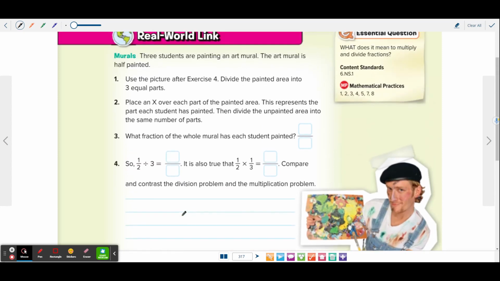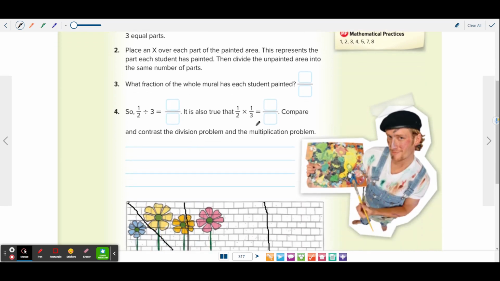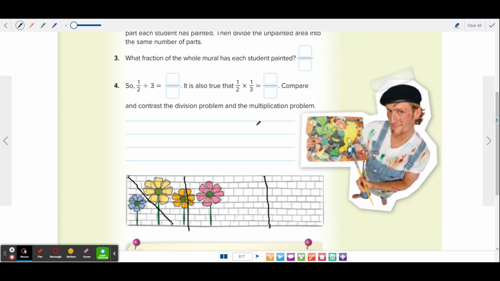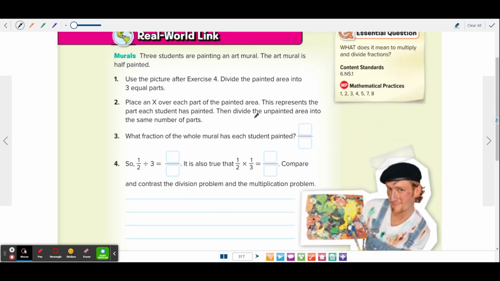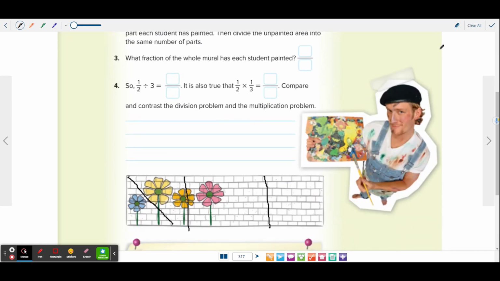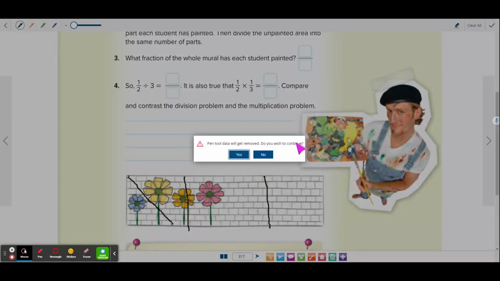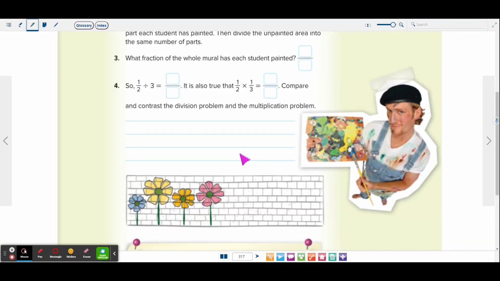Well, hold on, did I miss a part? Divide it into 3 equal parts. Place an X over each part of the painted area. This represents the part each student has painted. Oh, no, I did that wrong. The painted area. Oops. I didn't read the directions. I apologize.